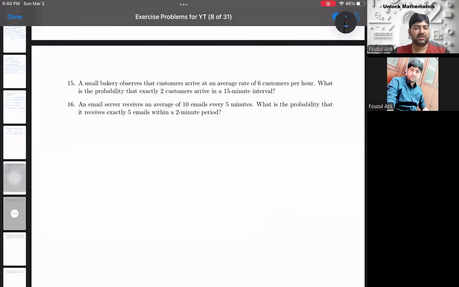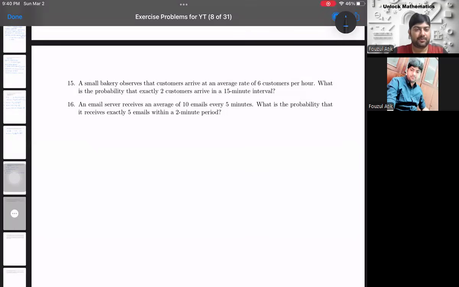And look at this problem. A small bakery observed that customers arrive at an average rate of 6 customers per hour. But in a particular hour you may have 0 customers, or a very large number of customers as well.